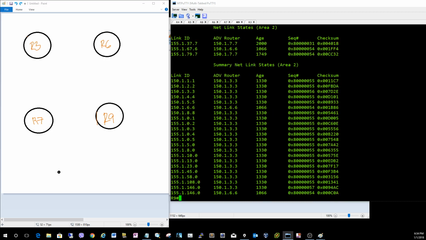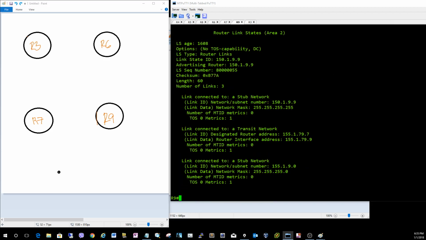All right. What is the next command that you would usually run? The next command that I would run is show ip ospf database router 150.1.9.9. This would tell me a couple of things. One, that I am in area 2.